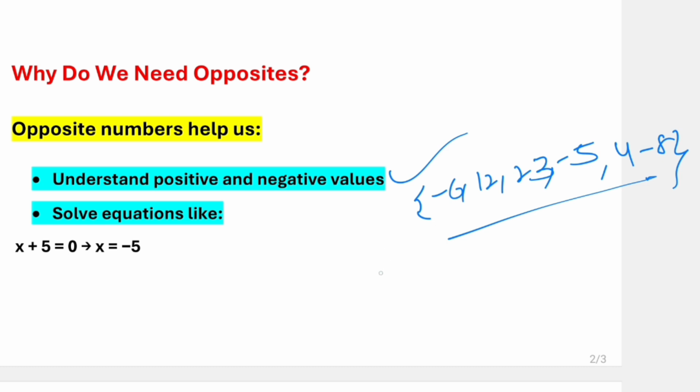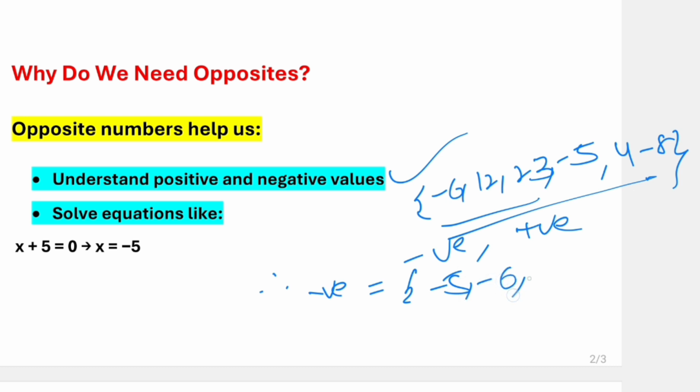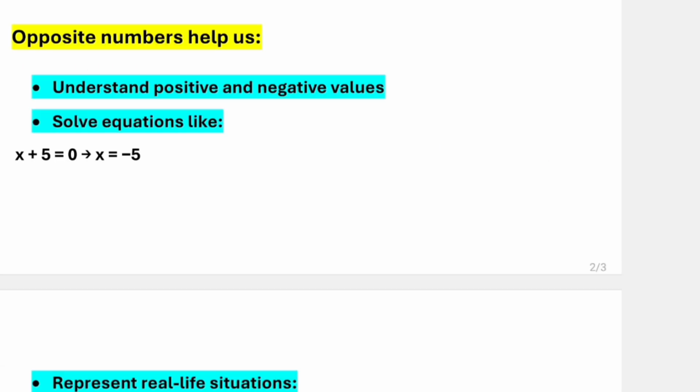If you want to separate the negative values and positive values, then you have to know the main idea of opposite numbers. Therefore, the negative numbers are the set of minus 4, minus 6, minus 8. And the positive numbers are the set of 4, 12, 23.